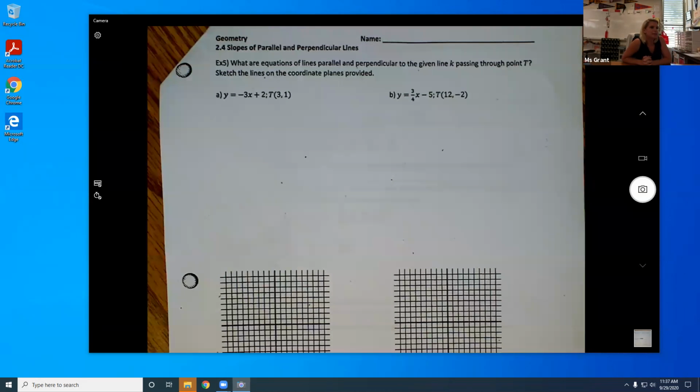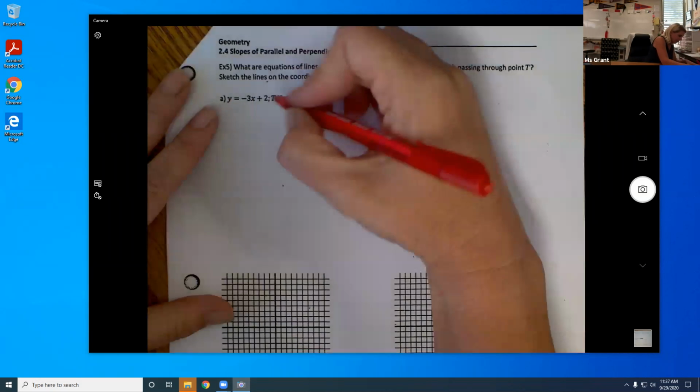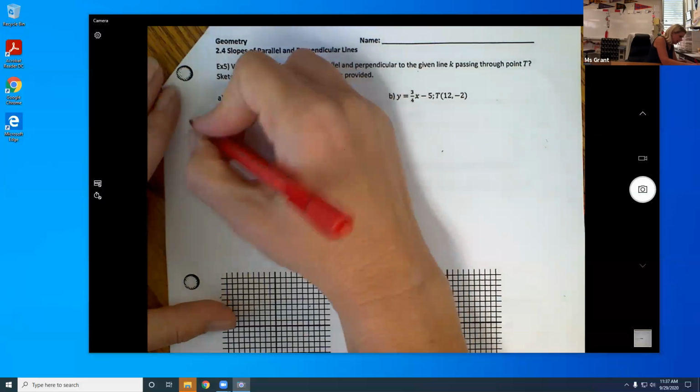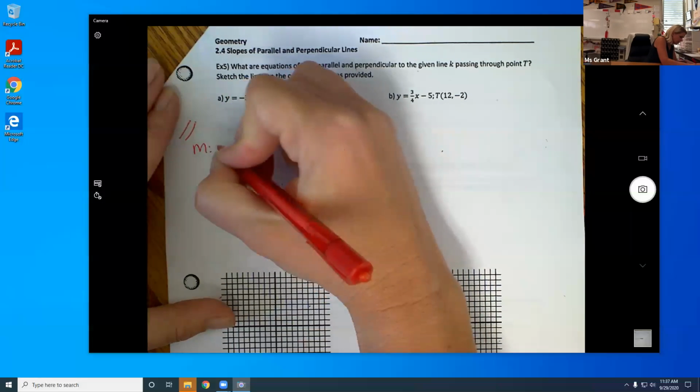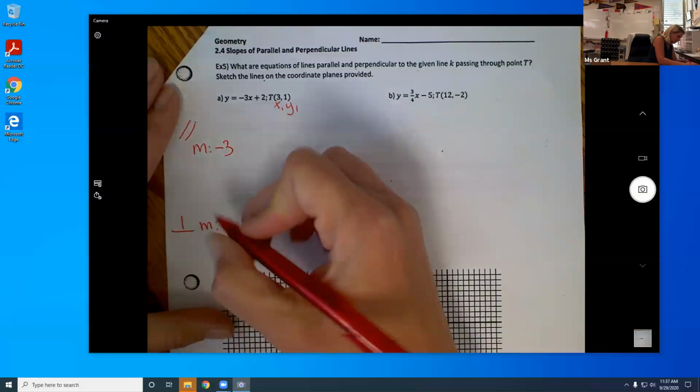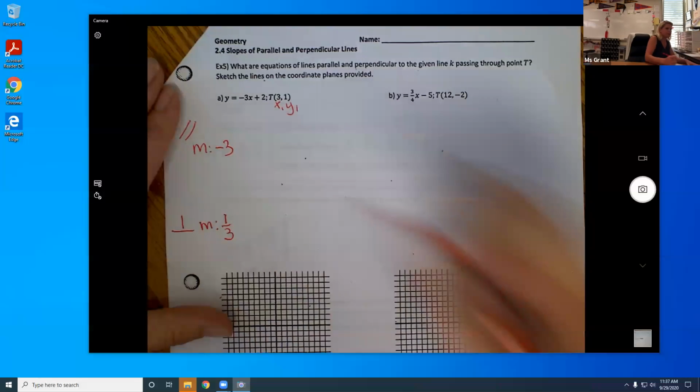Parallel and perpendicular to the given line passing through T. So here's my x1 and y1. A parallel line has a slope of -3. The perpendicular has a slope of positive 1/3.